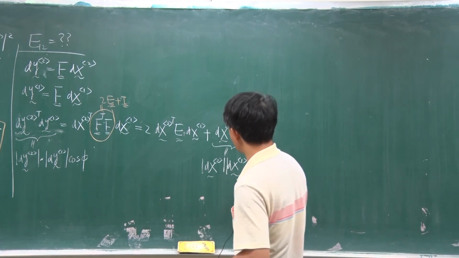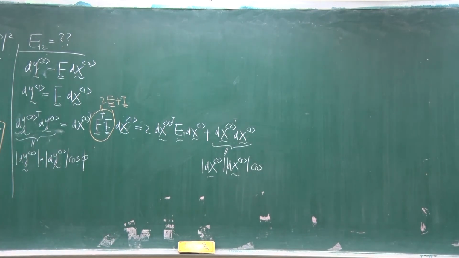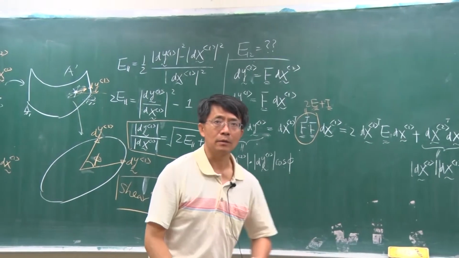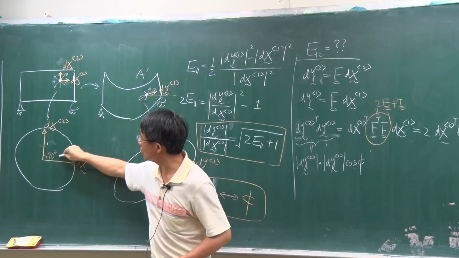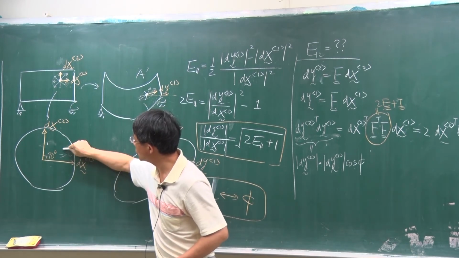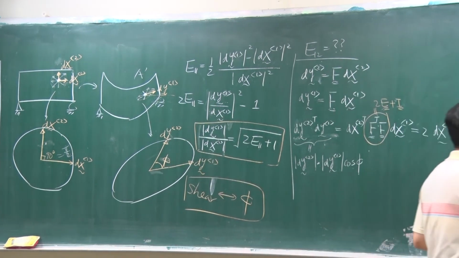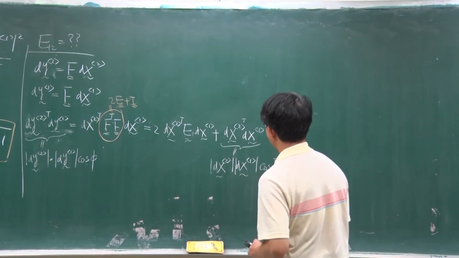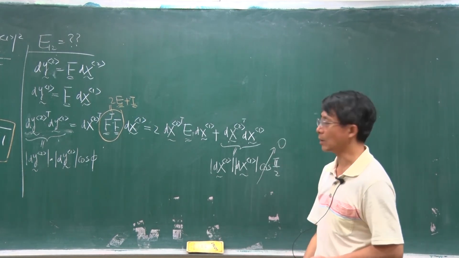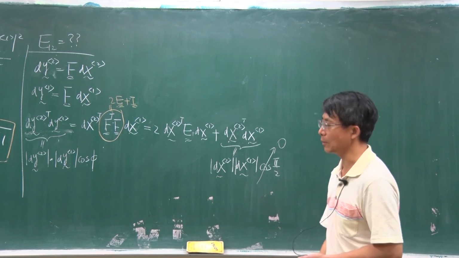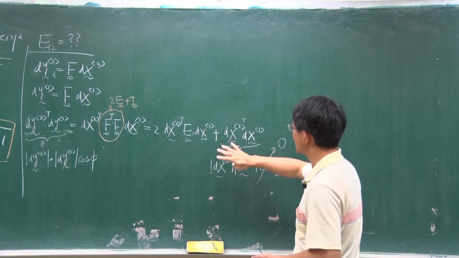But now the angle between dx2 and dx1 is 90 degrees, equal to pi over 2, half of pi. As a result, we have this 2 pi, and this drops out as 0 because cosine 90 degrees is equal to 0. So this term is gone.